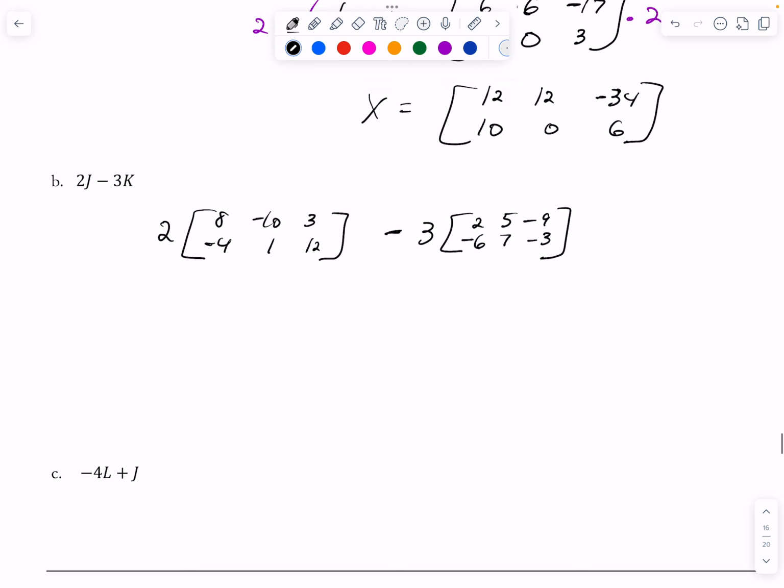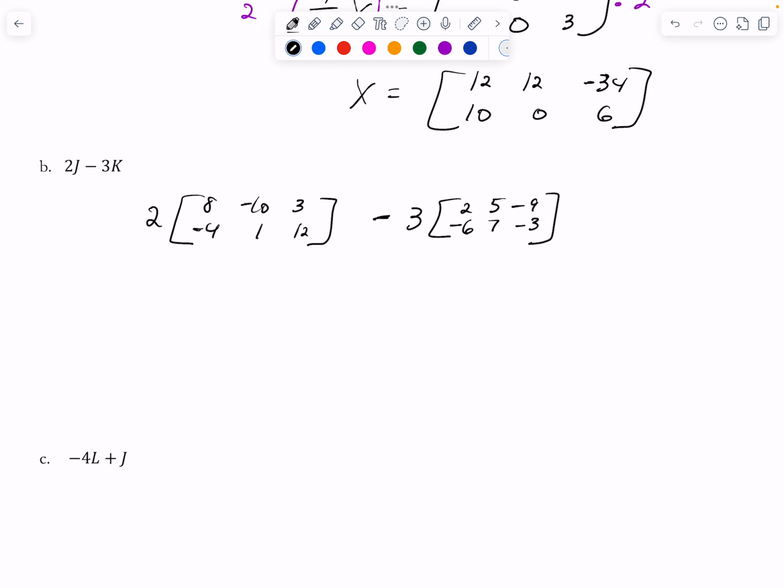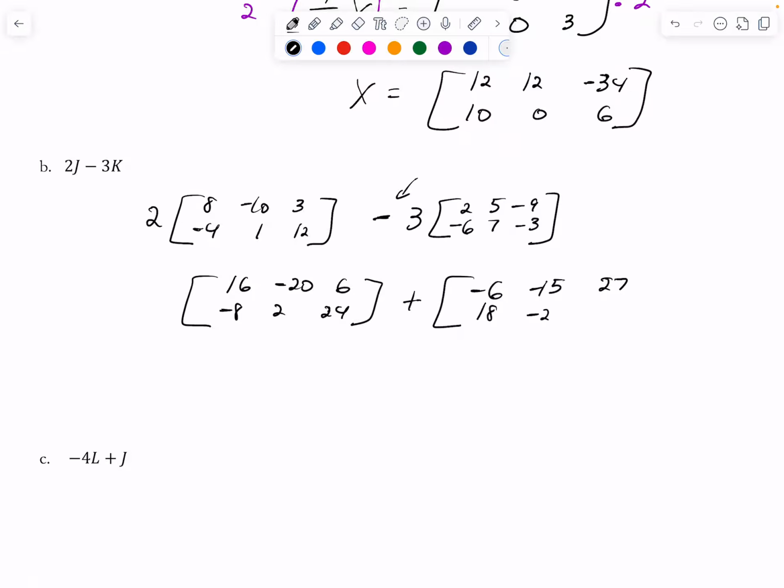Okay, now we've talked about this in class many times. I like to distribute the negative with that 3 because then I can do addition. It's your call. So I'm going to multiply all these by 2. All right, and then I'm going to write plus because I'm going to multiply everything by -3. So -6, -15, +27, 18, -21, and +9.